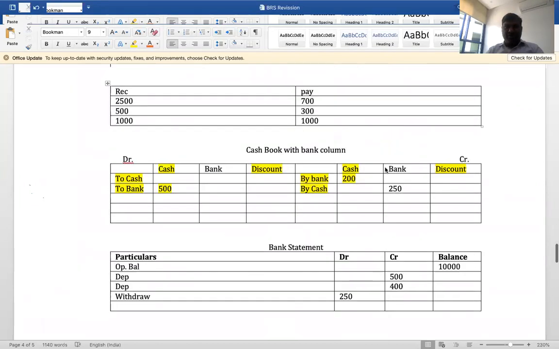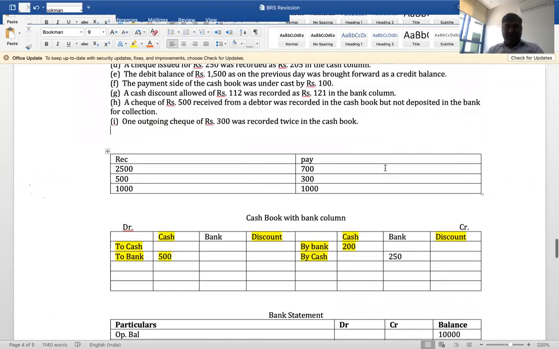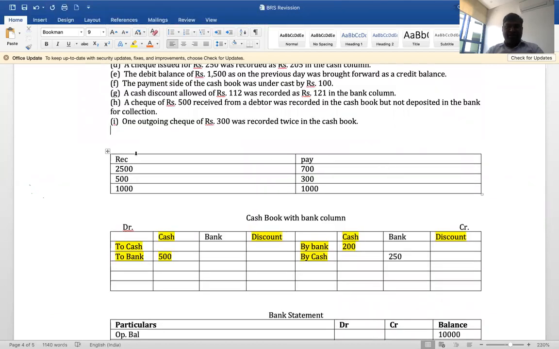Look at this. Let's say this is receipts and this is payments, debits and credits. Let's say 2500 is received, 500 is received, and totally it is 3000.